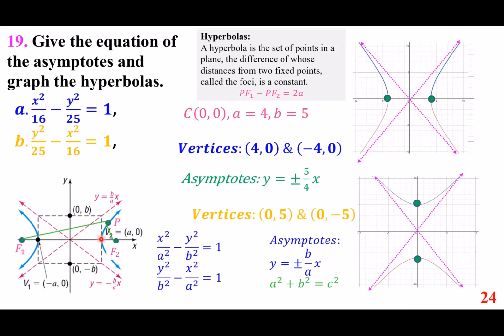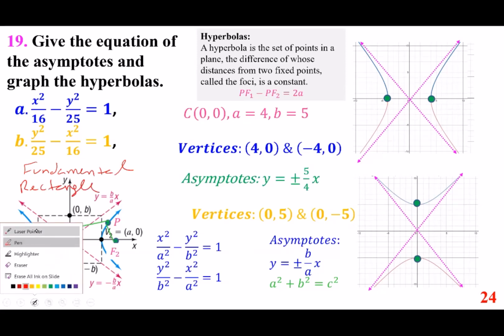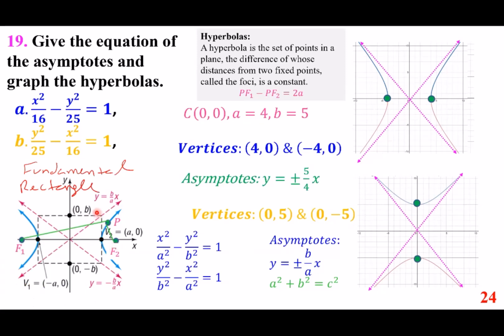By the way, I want you to look at this, is known as the fundamental rectangle. The purpose of that is if you locate those 4 points, you can draw the two asymptotes.